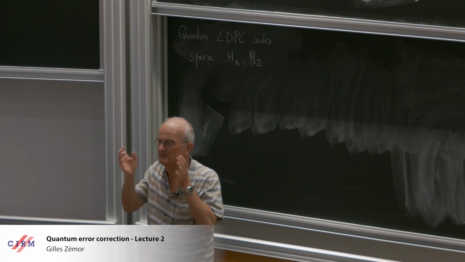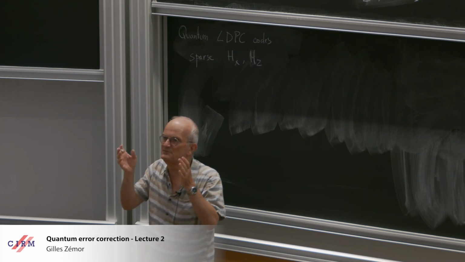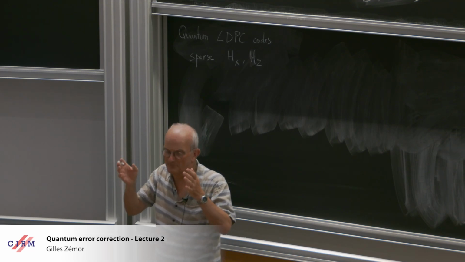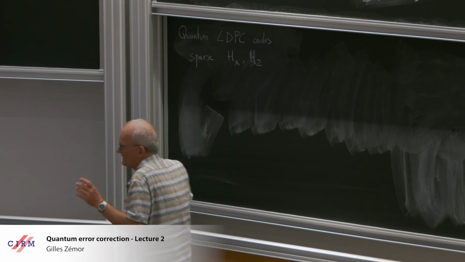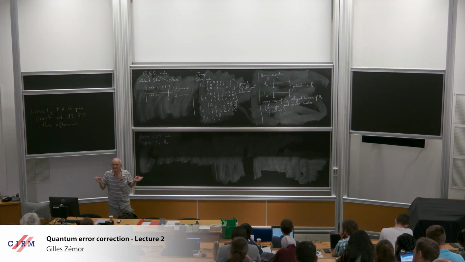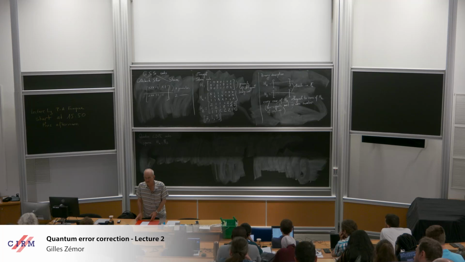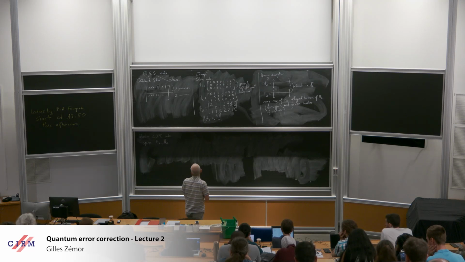So the operator that you're measuring involves a small number of qubits. If it involves too many qubits, engineers tell us this is going to be hopeless. We don't want to do this. The measurement will be too unreliable. We need your quantum codes to be LDPC.